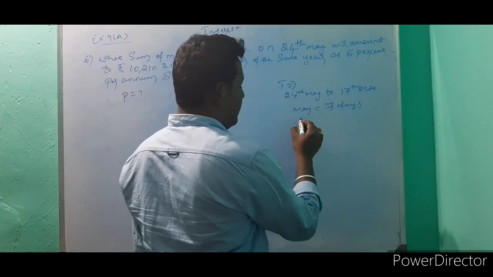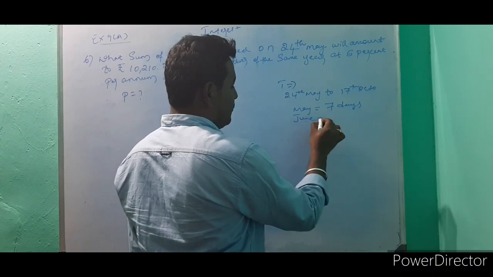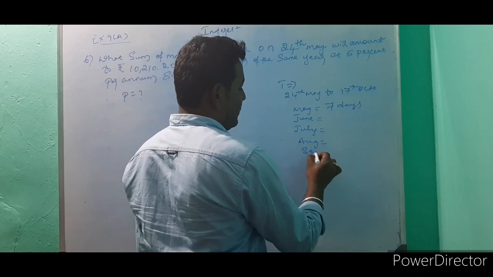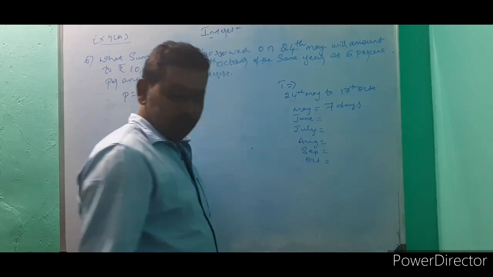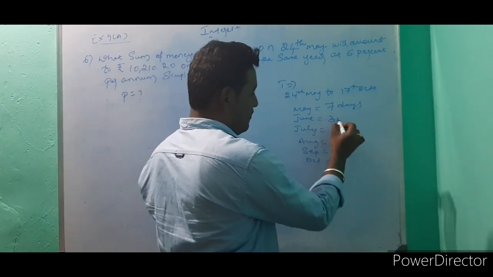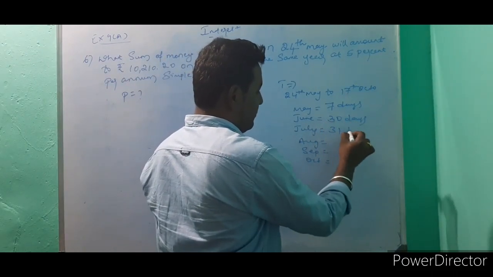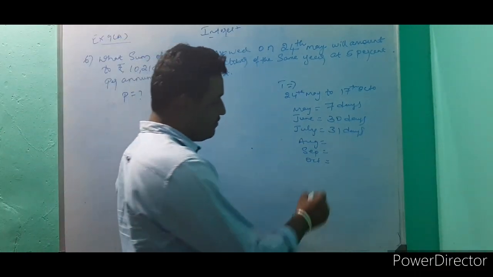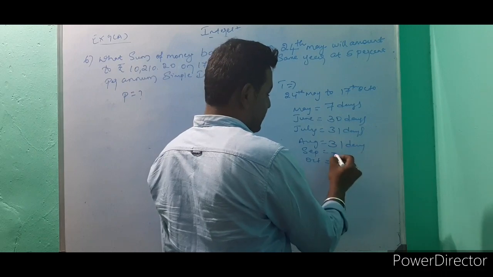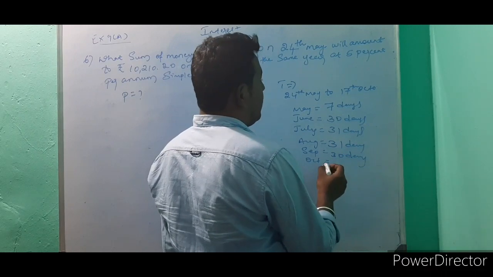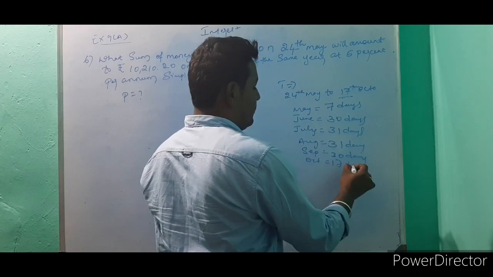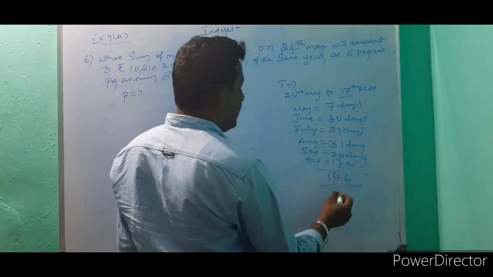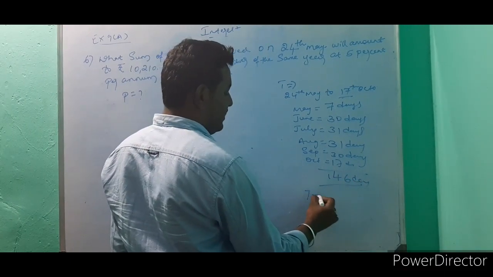After May come June, July, August, September, October. June means 30 days, July means 31 days, August means 31, September means 30 days, October means up to 17. If you add all the days, you will get 146 days out of 365 days.